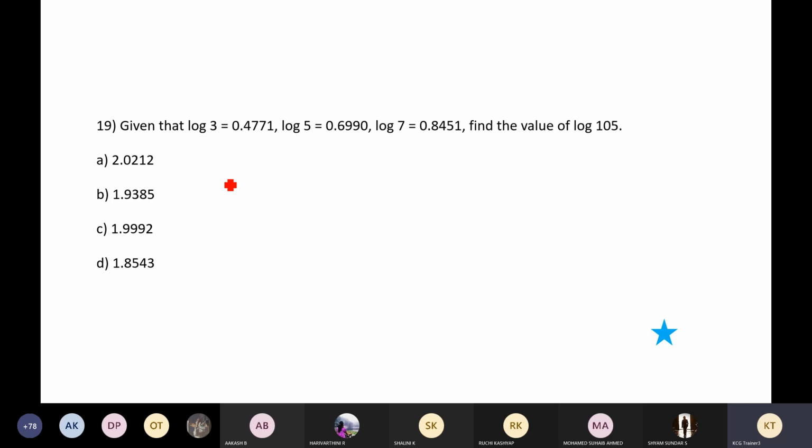Log 3 is known. Log 5 is known. Log 7 is known. How do I find out log 105? See, 105 is actually 3 into 5 into 7.